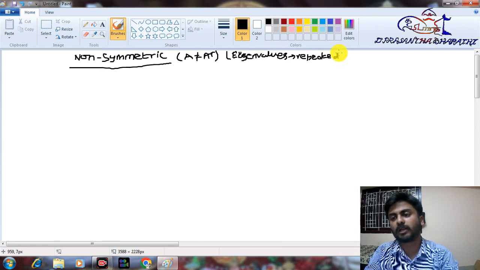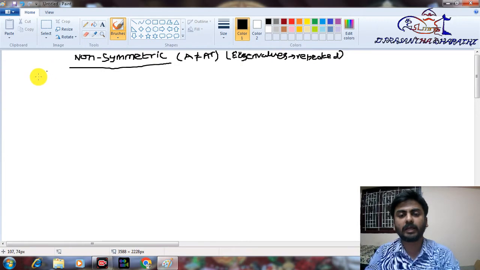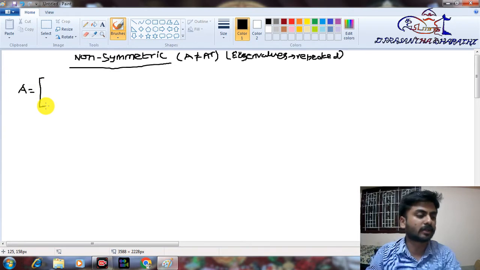So for this particular case, we have to take an example matrix. For the matrix A, we have to find eigenvalues and eigenvectors.